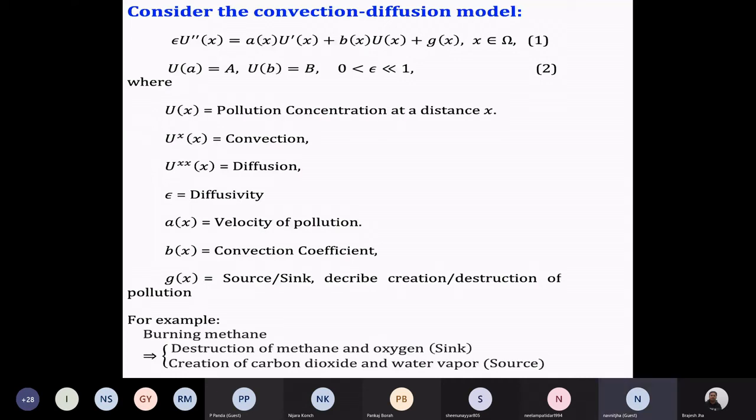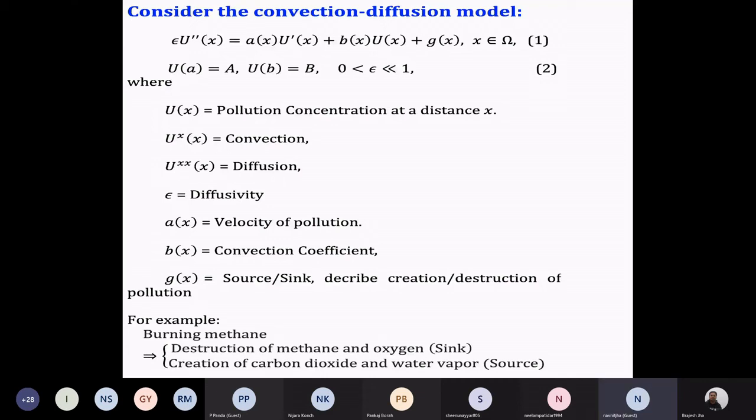What is this u(x)? Pollution concentration at a distance x. The first derivative is convection. The second derivative is diffusion. Epsilon is your diffusivity. a is the velocity of pollution, and b is the convection coefficient. b is basically a multiple of u, where u is the pollution concentration.